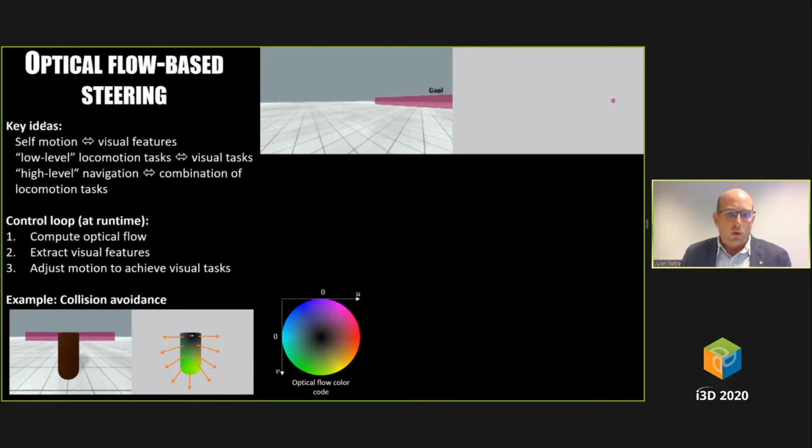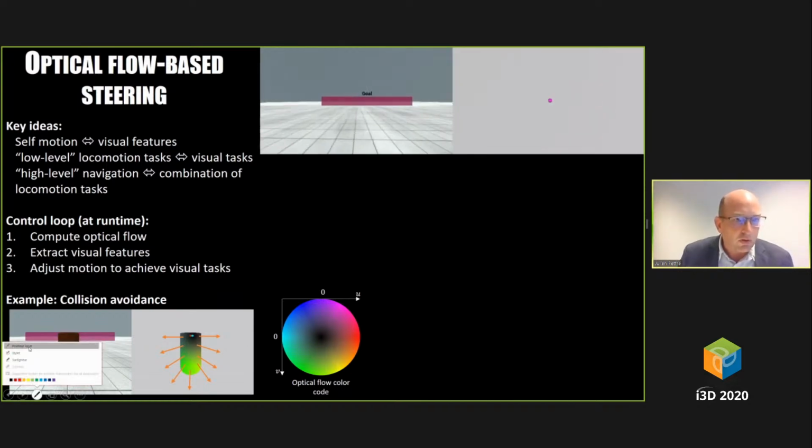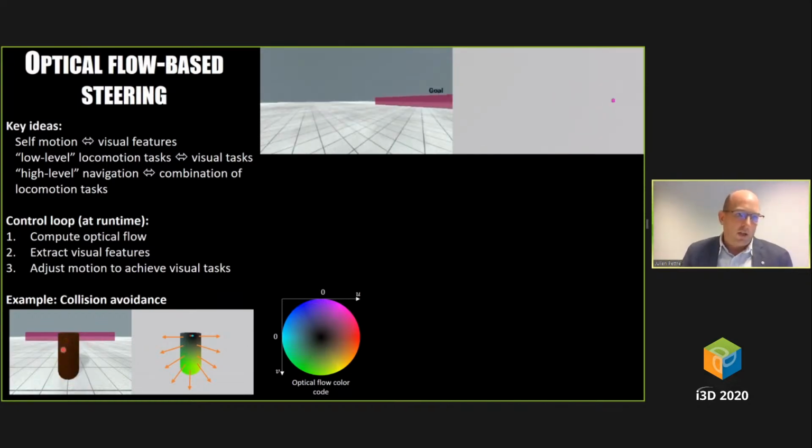Collision avoidance is a bit more tricky. So let's consider that an agent is moving. Let me take back my laser pointer, sorry. If you consider that the agent is heading towards this object, the resulting optical flow will be this one. So it will be sort of expanding, the object will be expanding in all directions. And so the focus of expansion of the optical flow generated by this object will be somewhere here in the middle of the object.